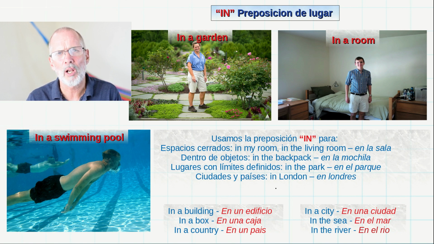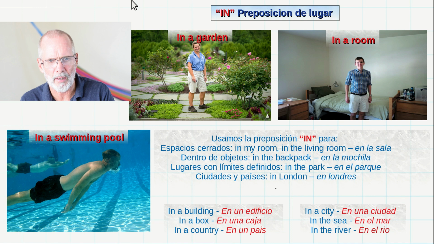Vamos a empezar con la preposición in. ¿Cuándo se usa in? Aquí tengo tres ejemplos para empezar: in a garden, in a room, in a swimming pool. Y aquí tengo la regla principal. Usamos la preposición in para espacios cerrados.